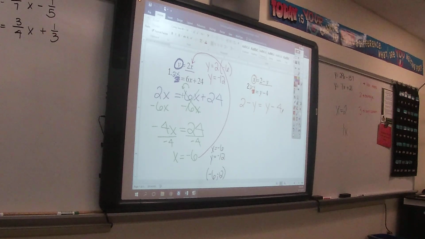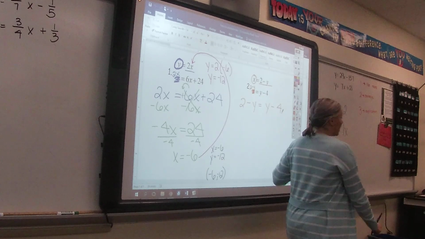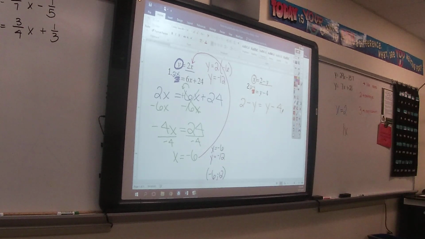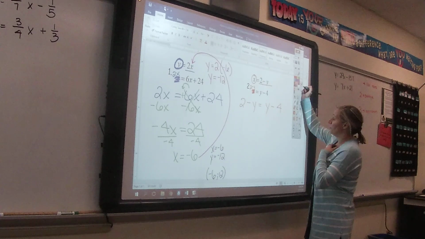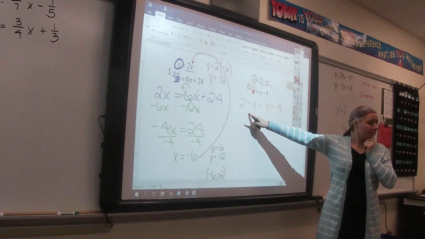Are you okay with that? Now, we have Y's that we need to get together. Are those Y's on the same side or are those Y's on opposite sides? Opposite. So if they're on the opposite side, we want to get them together with the opposite sign. So addition. If we move this Y over here, we would want to add it.